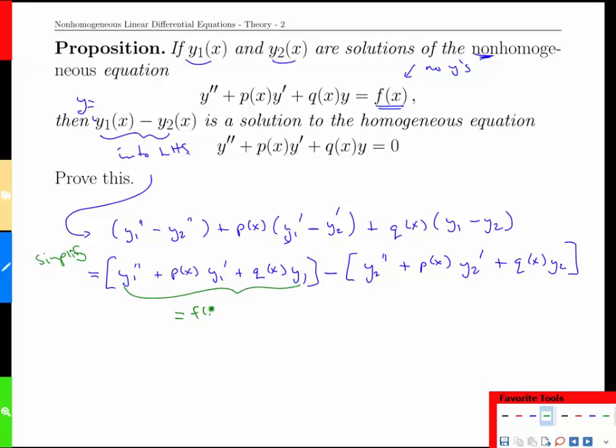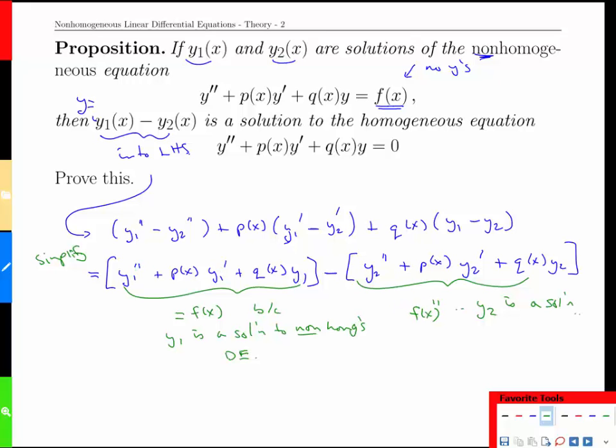And that equals f of x because y1 is a solution to the non-homogeneous differential equation. Well, wait a minute. The same logic applies here, except it's because y2 is a solution. So this is also equal to f of x.